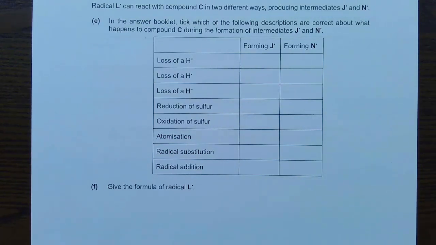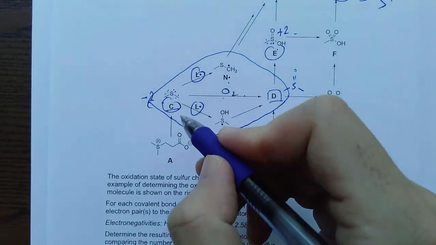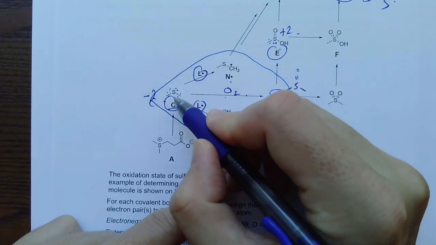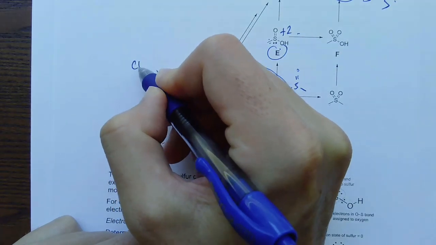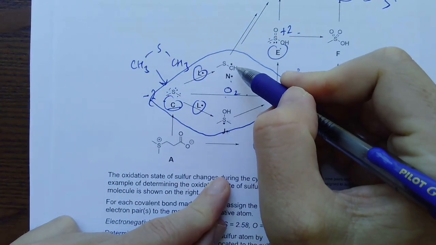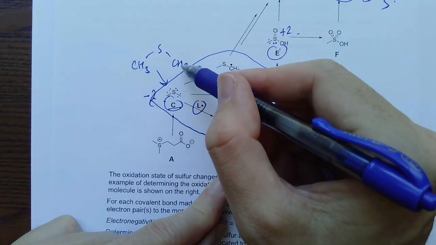Let's look at N first. So what has happened here? You've got to remember that this thing here is CH3SCH3, and then I've got CH2 radical. So all I've done is taken off a hydrogen atom.